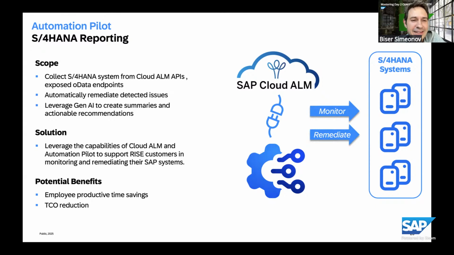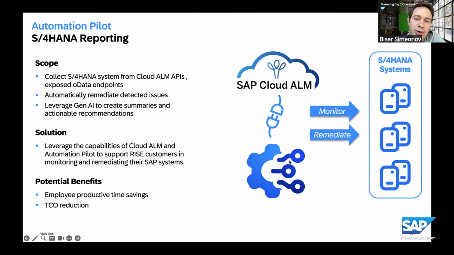It's a really interesting use case in case you want to evaluate that data collected for your S/4HANA system with the help of the automation pilot. And why? Because it's a big amount of data, and also using the AI Core service, which is part of BTP, we were able in real time to evaluate and give remediation to our customers with the automation pilot and the AI Core service based on that data that has been collected.